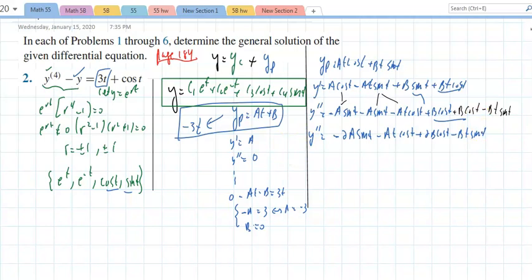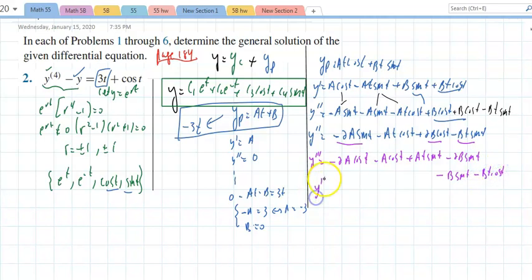For the third derivative, let me switch colors, y triple prime will be negative 2A cosine of t, product rule, minus A cosine of t, plus at sine of t, minus 2B sine of t, minus B sine of t, minus bt cosine of t.